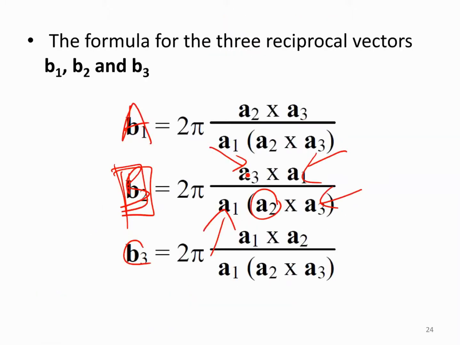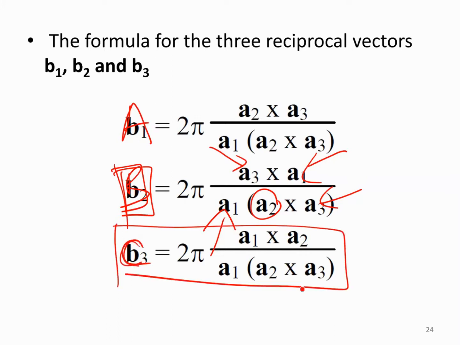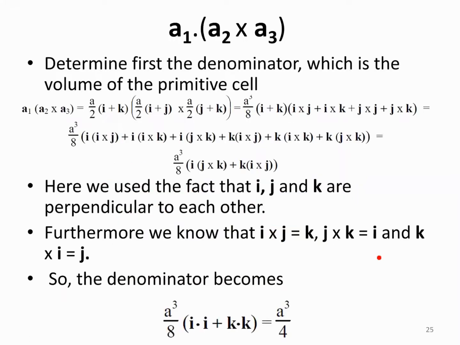Okay, same thing applies to b3, or reciprocal c. Then we know that a1 dot product with a2 cross product with a3 is the denominator, and it's also the volume of the primitive cell.